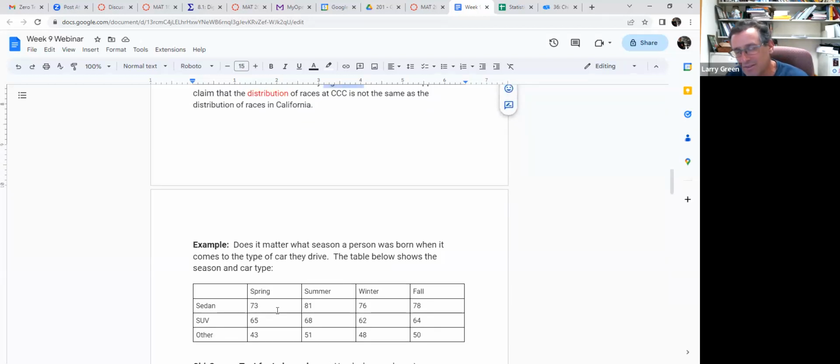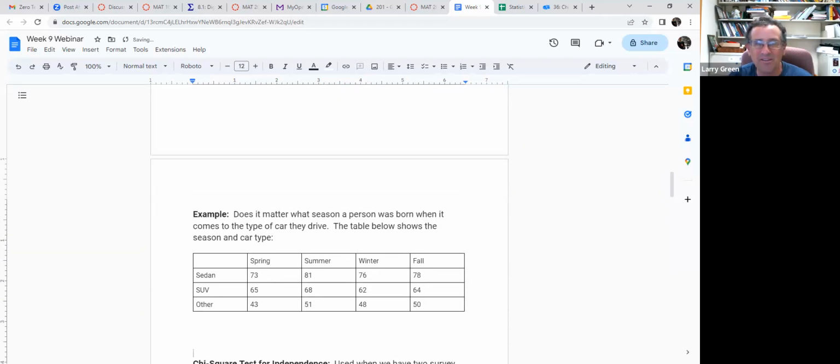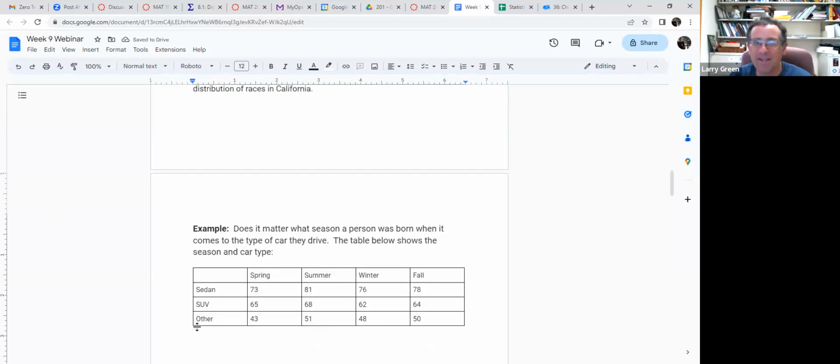Okay, so now this one's a little different. I kind of hinted at it by going into the seasons, but actually it's going to be very different. Does it matter what season a person was born in when it comes to the type of car they drive? Maybe everyone who was born in the summer tends to drive an SUV.